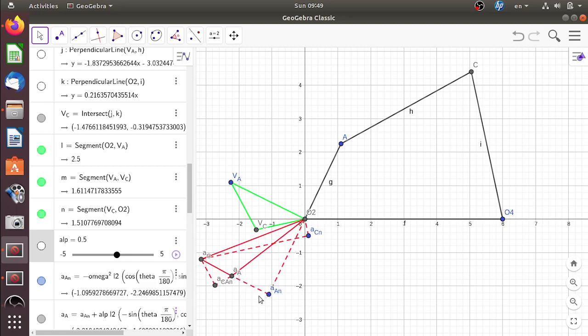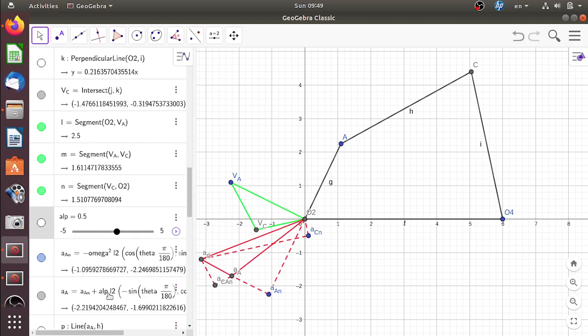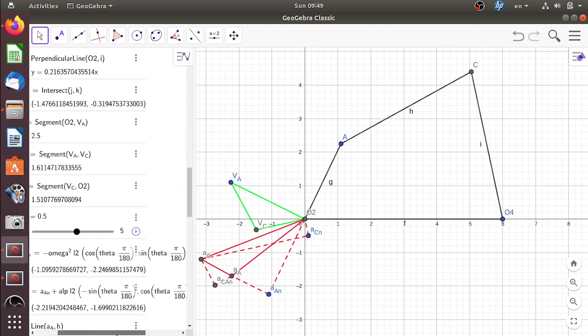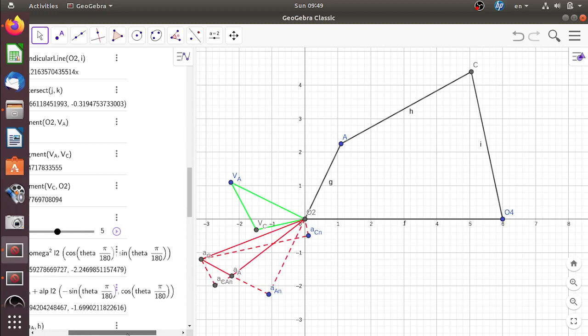How to calculate the tangential component? The tangential component is alpha into L2. That's the magnitude, and the direction will be perpendicular to this line and in this direction, not in this direction. Therefore I have put minus sin theta pi by 2 comma cos theta pi by 2.